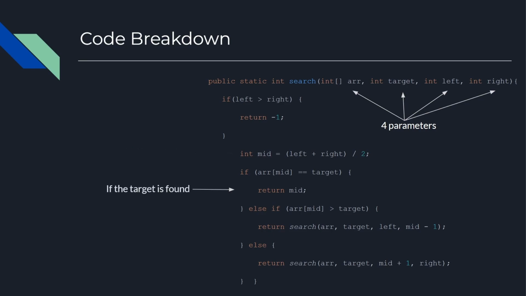Now comes the comparison part. If the element at the middle index is equal to the target, we have found our target, so we will return the middle index. This means that the search is successful and we will stop our process here.